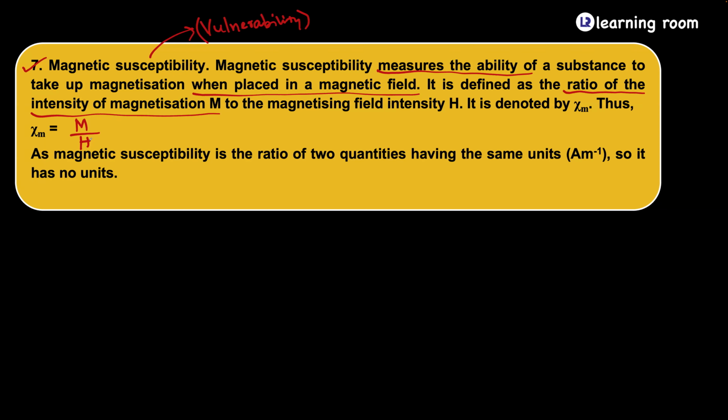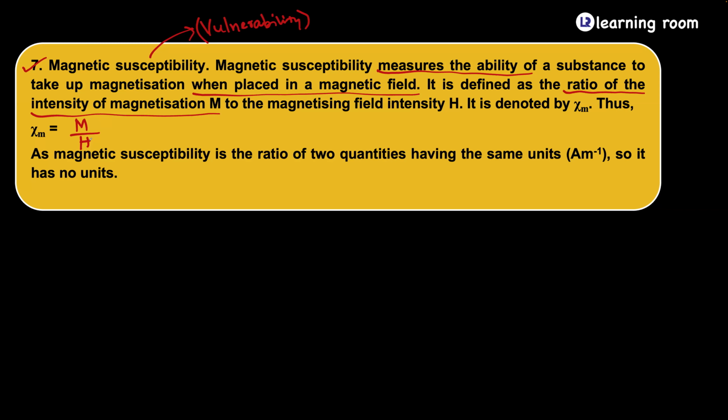I can also call it the efficiency of that magnetic substance. I'm just giving you a similarity to remember: it is basically output divided by input. So susceptibility speaks about how efficiently the material gets magnetized. Is the point clear?